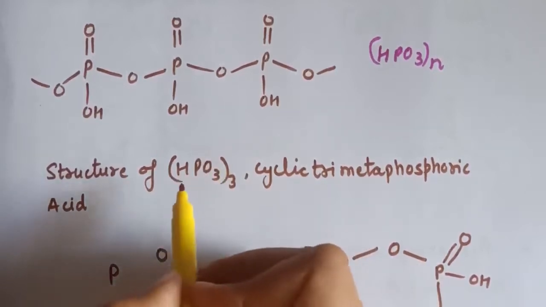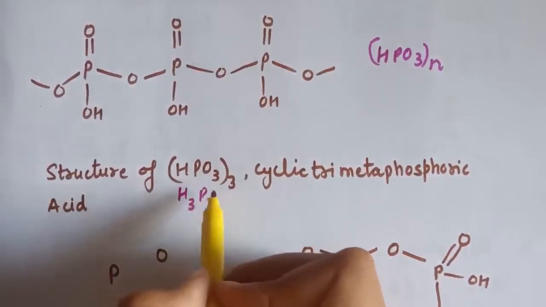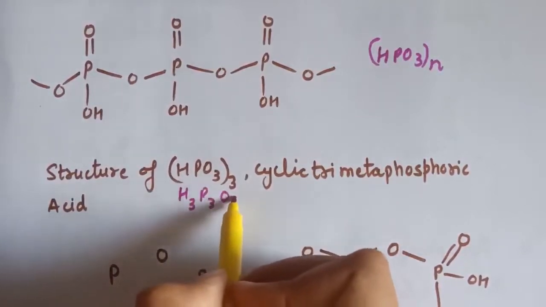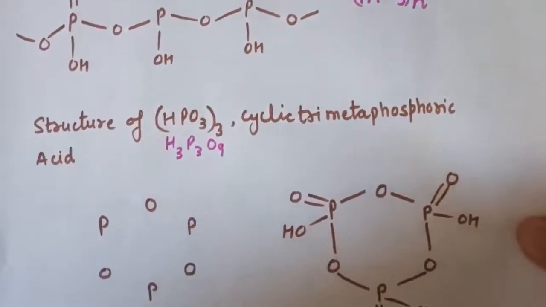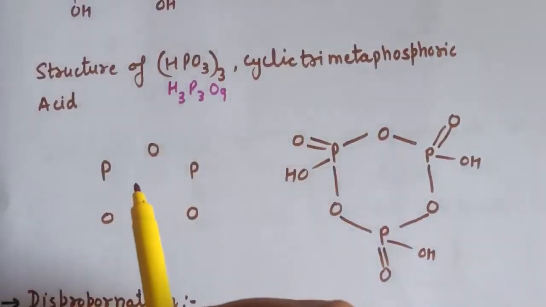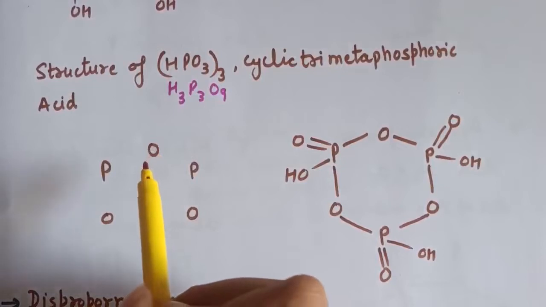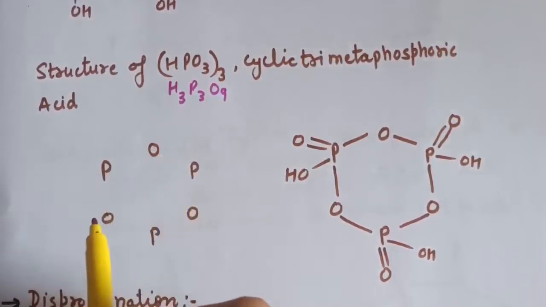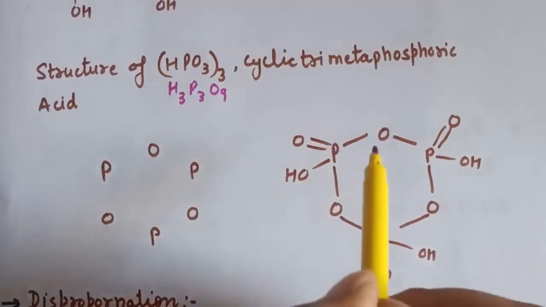If we calculate the number of atoms, it comes out to be H3P3O9. So how will we draw the structure of H3P3O9? First of all, just as we draw a benzene ring, we will draw at alternate positions oxygen, phosphorus, oxygen, phosphorus, oxygen and phosphorus. These are all connected via single bonds.